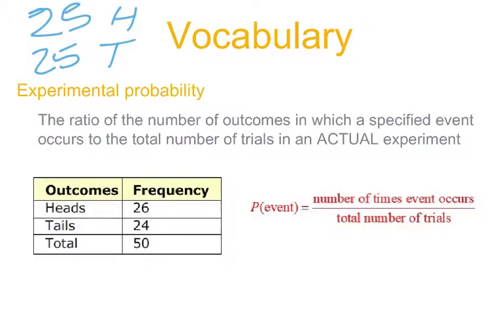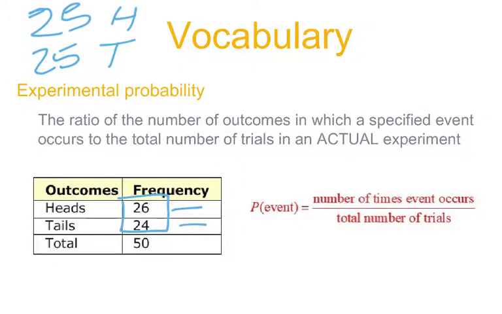Theoretically, because it's a 50-50 chance. But if we were to actually flip our coins, this might be a possible outcome we would get, right? Because we don't always have to follow the exact probability. So if we were to flip it 50 times, we may get 26 heads and 24 tails.